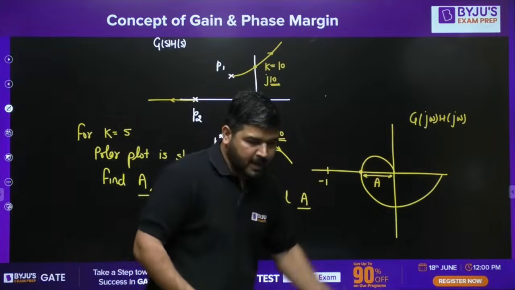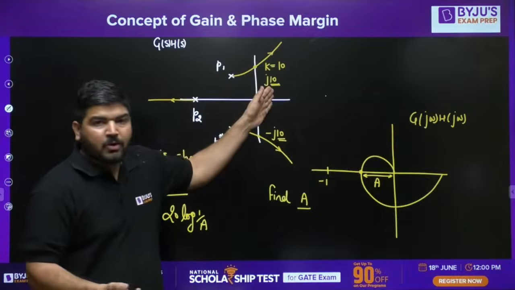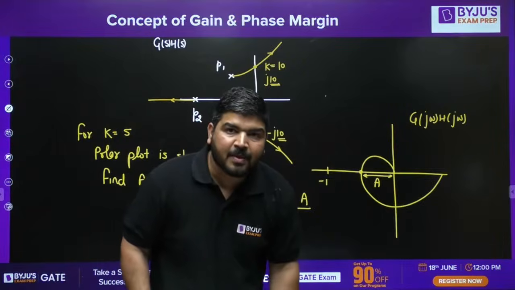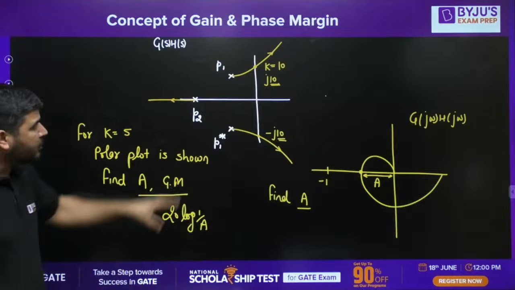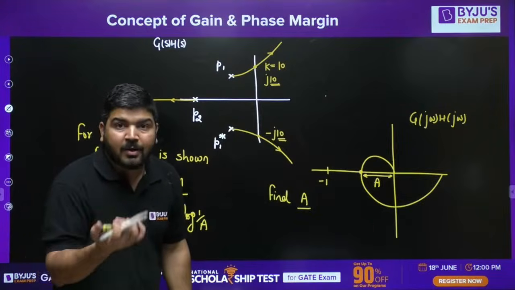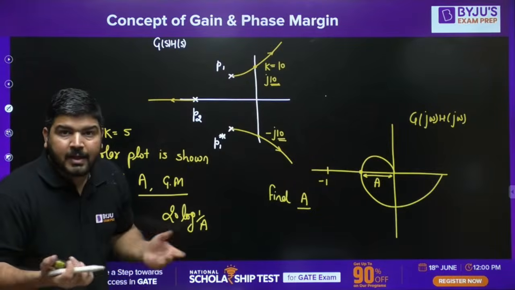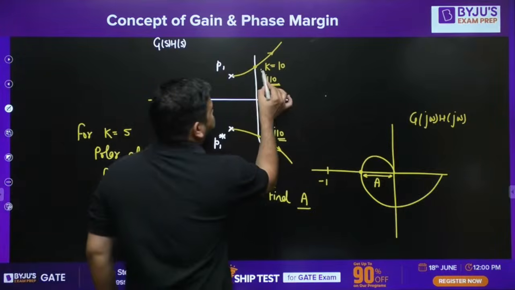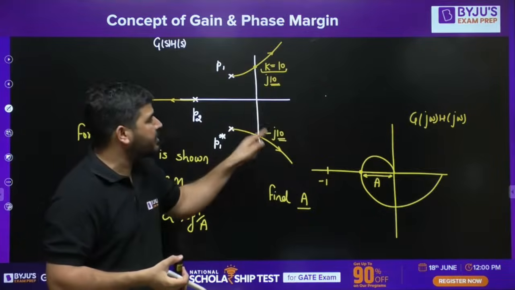Now, how to calculate this A value? You are not sure. So what you can do is, using this root locus, you can calculate the value of A. The root locus is provided to us. We know that from the root locus, we can calculate the gain margin. For k equal to 10, the system is marginally stable.